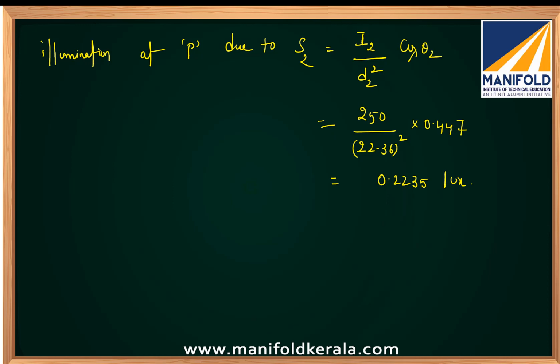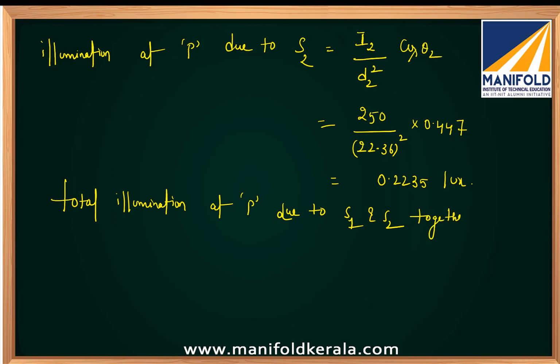So the total illumination at point P due to S1 and S2, both sources together, will become the illumination because of the first source, that is 0.159 lux, plus 0.2235 lux because of the second source.